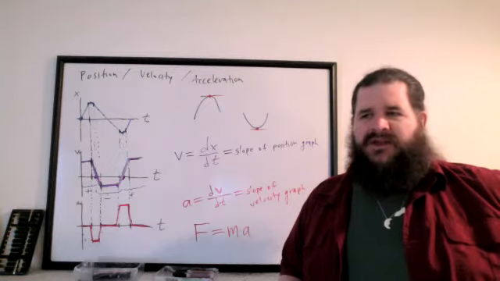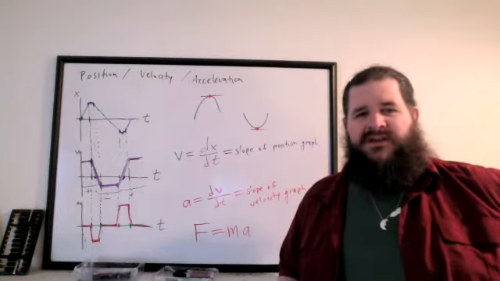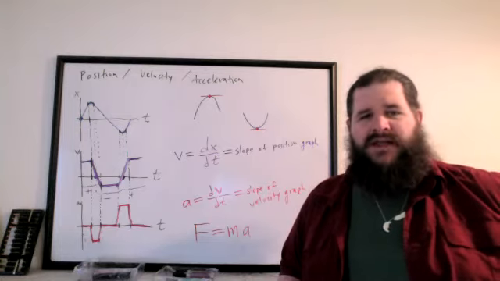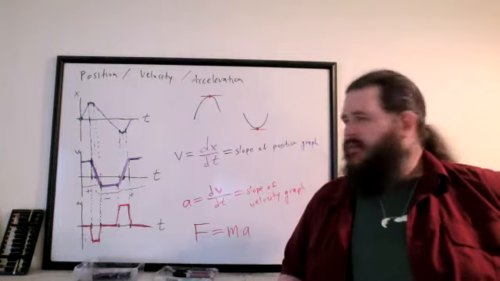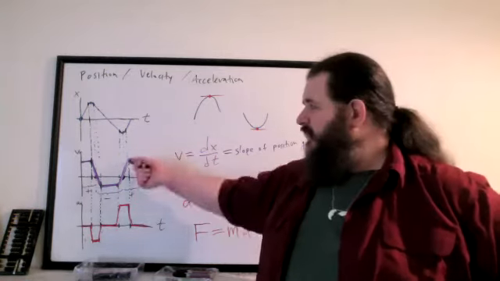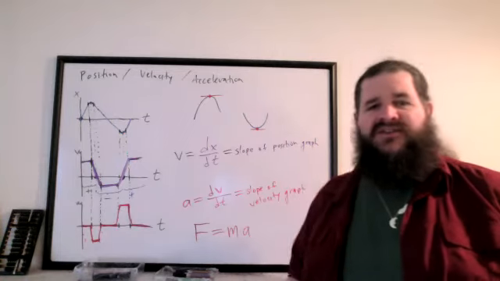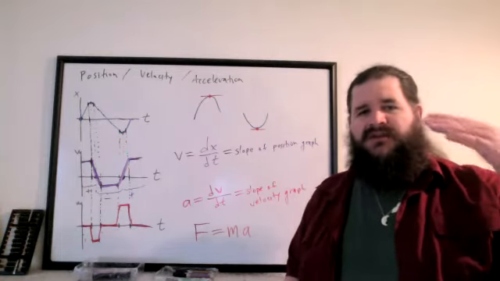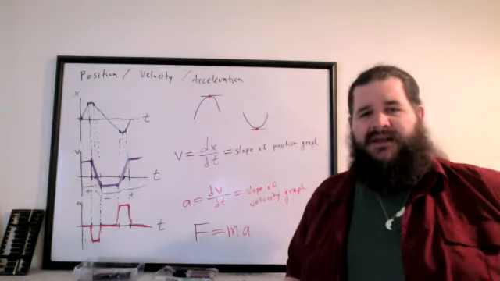So mathematically speaking, if we want to be truly realistic, these graphs should all be continuous. In fact, this is really where the idea of continuity in calculus comes from. The position graph being continuous means there's no teleportation. The velocity graph being continuous means there are no instantaneous changes in velocity. You can't just change from going at some speed to going at some other speed instantaneously.